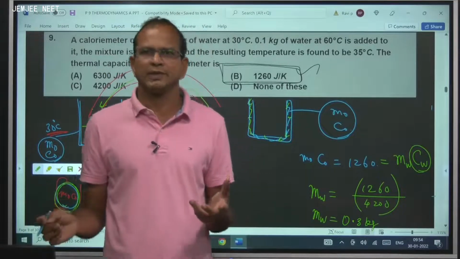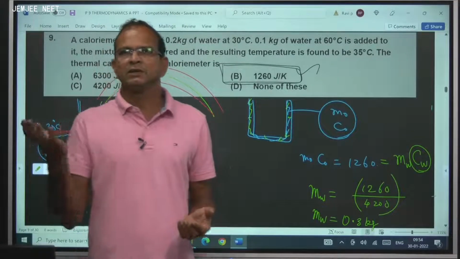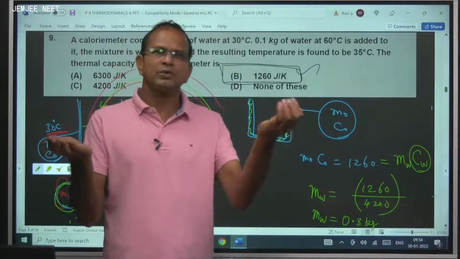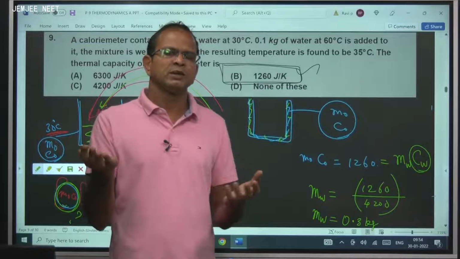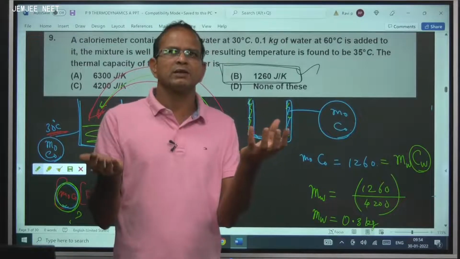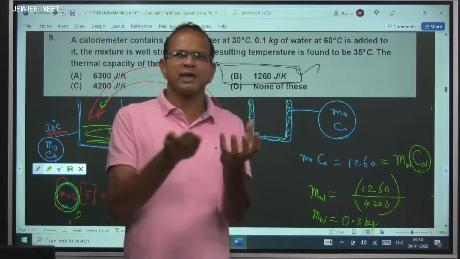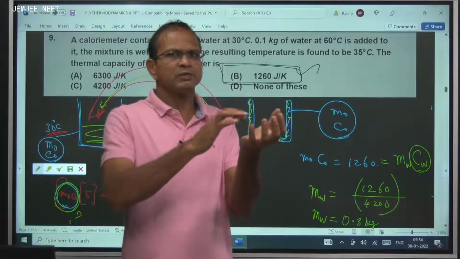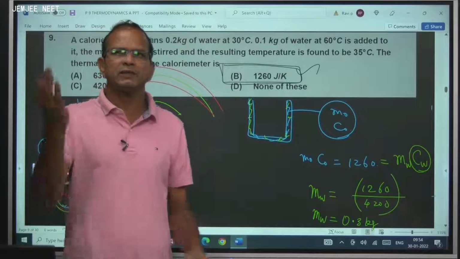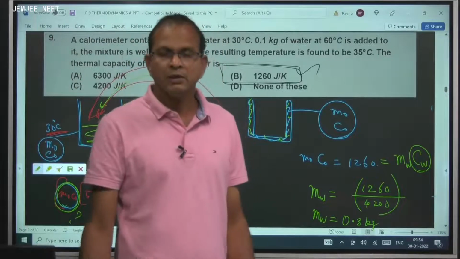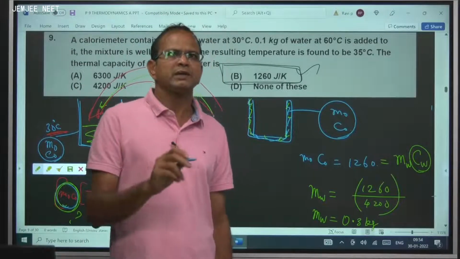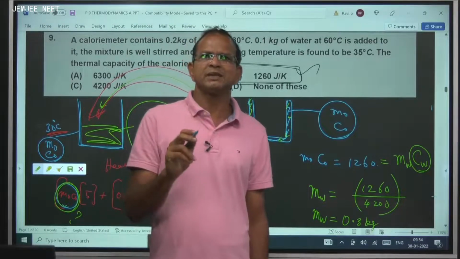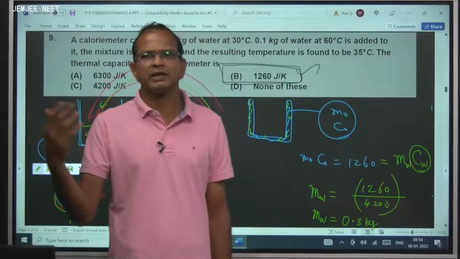This is what is called water equivalent. So what is water equivalent? Some material or body is given to you, and you are free to collect some quantity of water. When you collect such a quantity of water, this collected water has the same heat capacity as the given body. In this situation, the mass of the water is called the water equivalent of the given body. Got the point? So once again, water equivalent is the mass of water which has the same heat capacity as that of the given body.